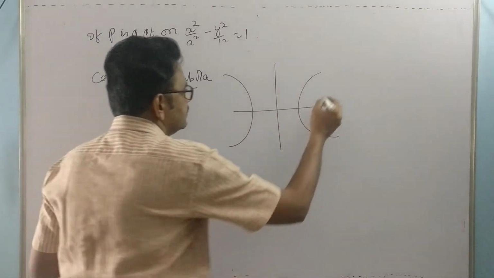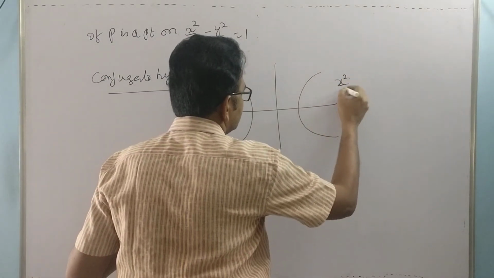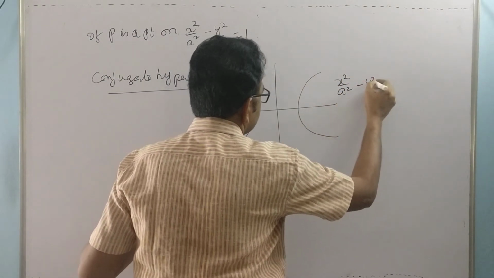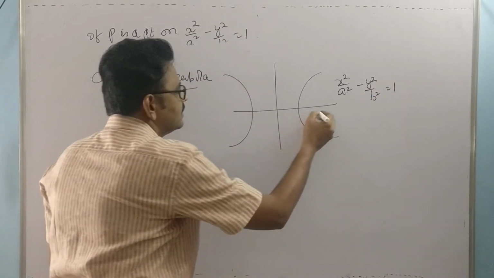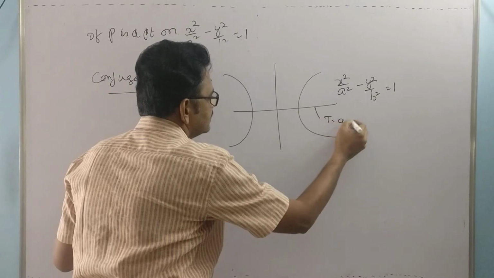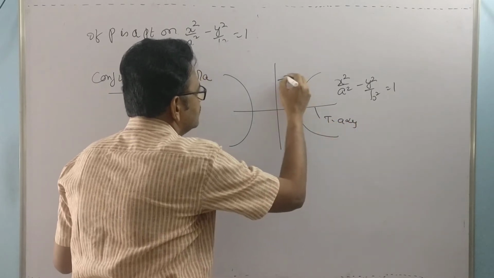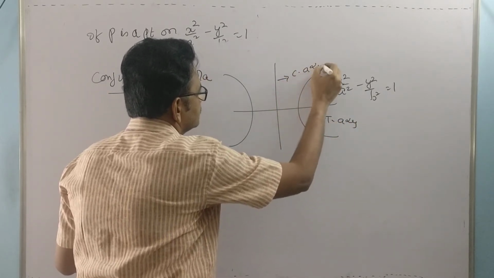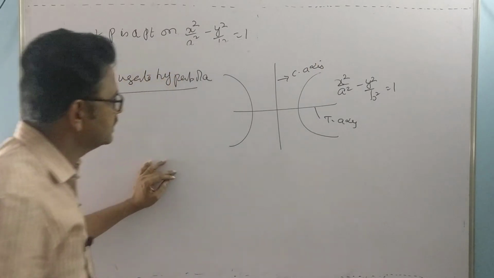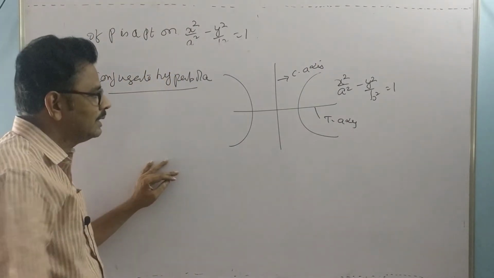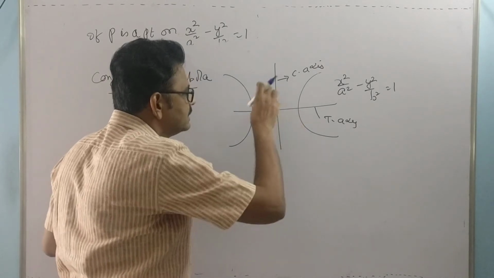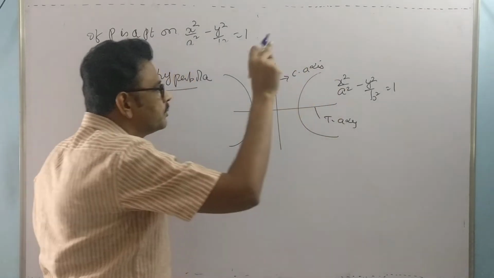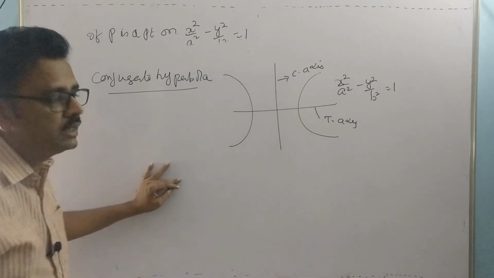This equation is x square by a square minus y square by b square equal to 1. So this is called transverse axis and this is called conjugate axis. So the transverse axis becomes conjugate axis and conjugate axis becomes transverse axis, then that hyperbola is called conjugate hyperbola.